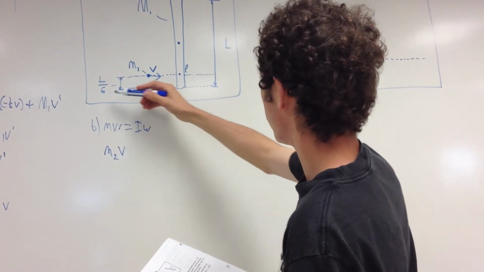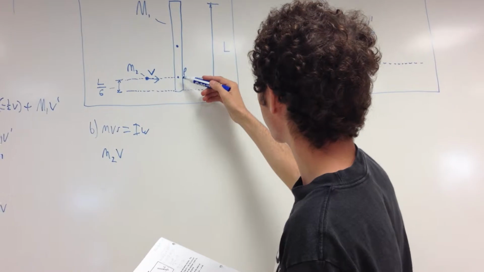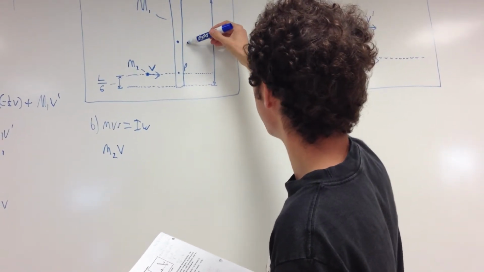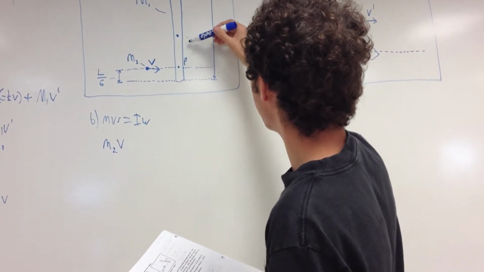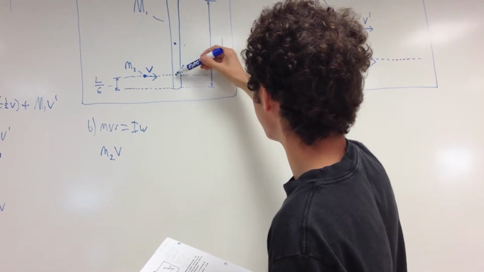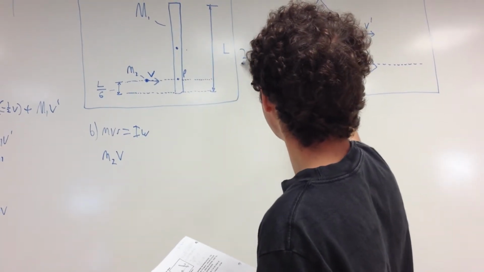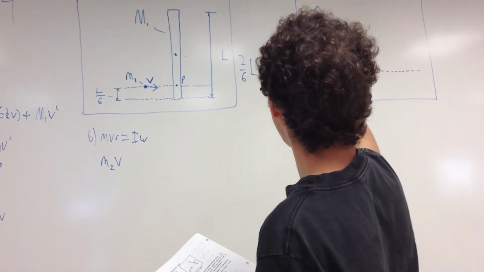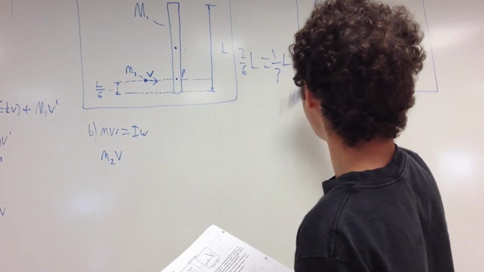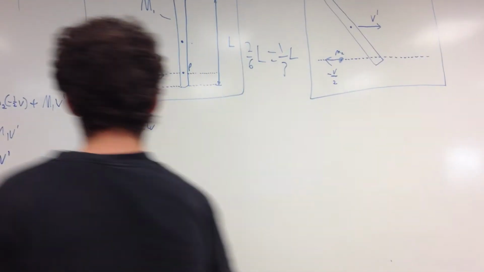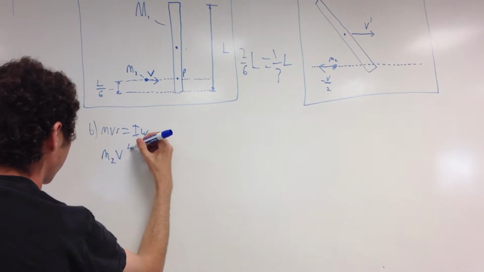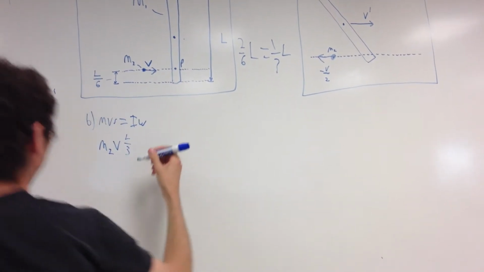Since the distance from the edge is L over 6, and we're dealing with just half of the length right here, the distance from here to here is 2/6 L, which is equivalent to 1/3 L. So my r in this case is going to equal L over 3.